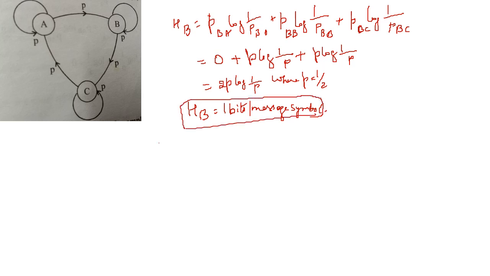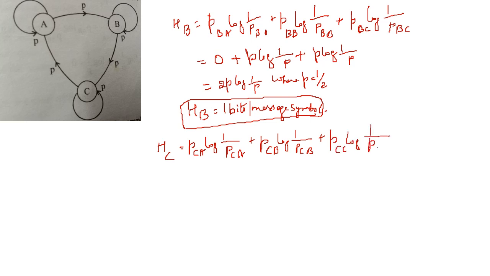Next, what is HC now? HC is nothing but PCA log 1 by PCA plus PCB log 1 by PCB plus PCC log 1 by PCC. So it is equal to, from C to A, what is the value?